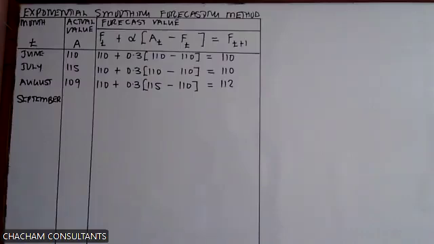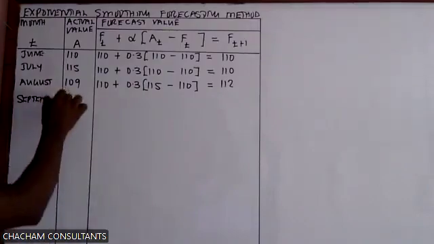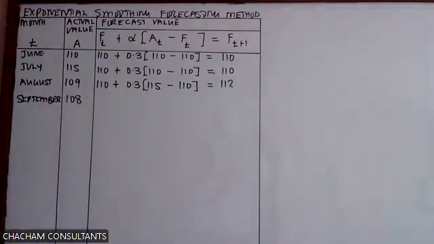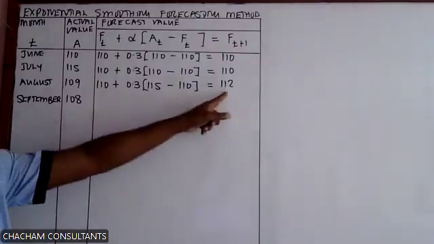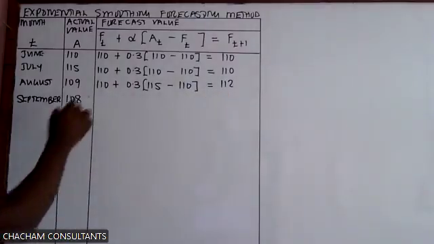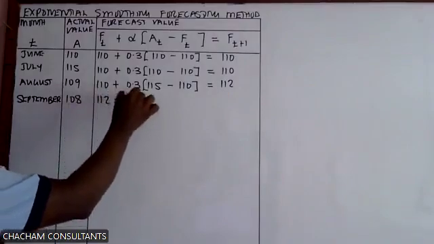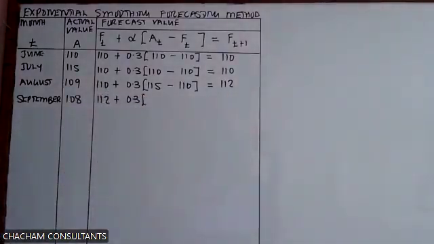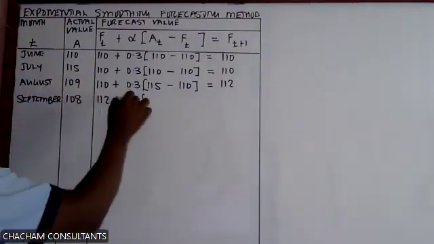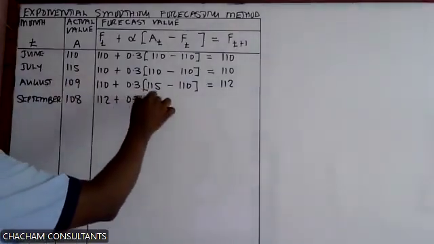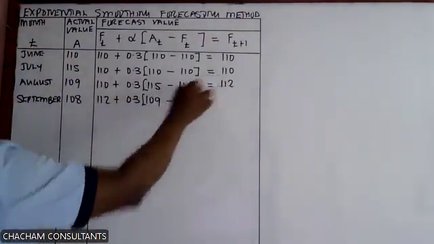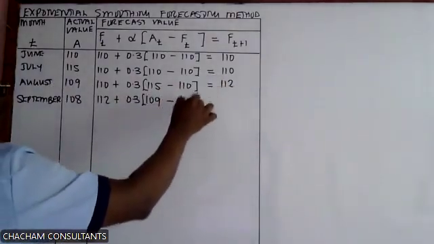When I go to September, my value is 108. So the previous forecast 112 comes in. Alpha remains. We take the previous actual 109 and the previous forecast 112.